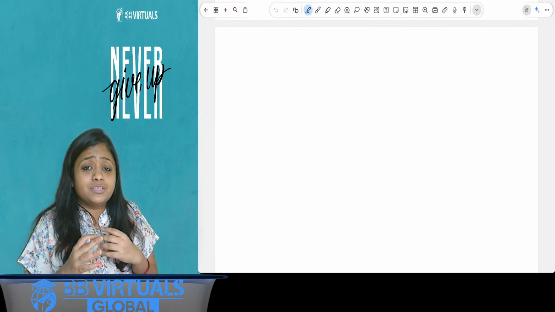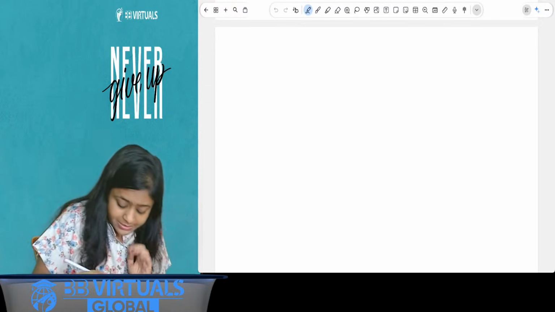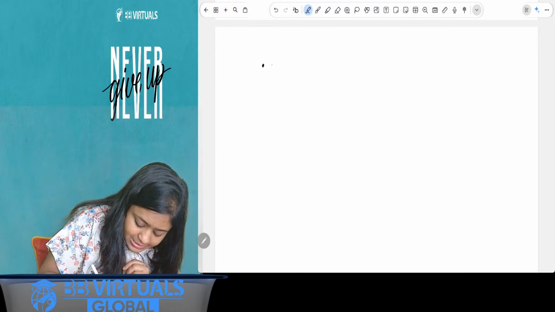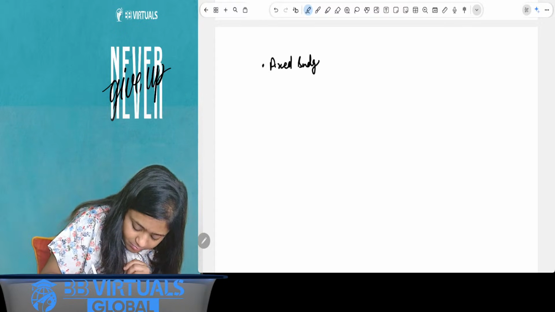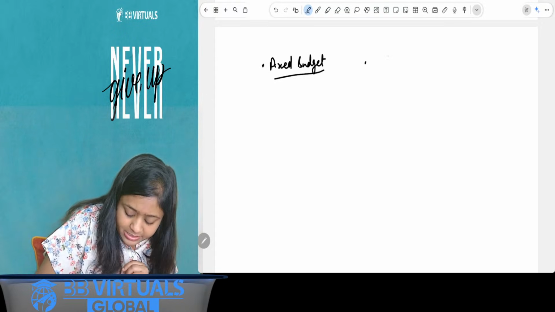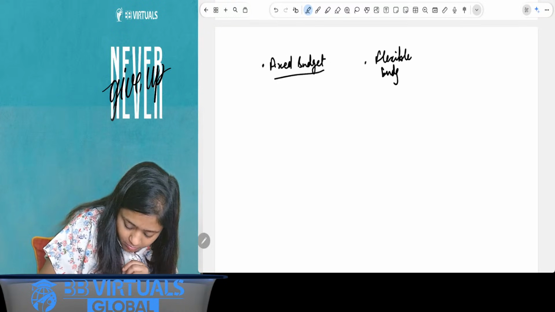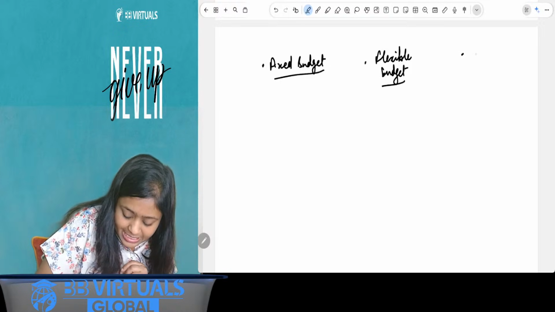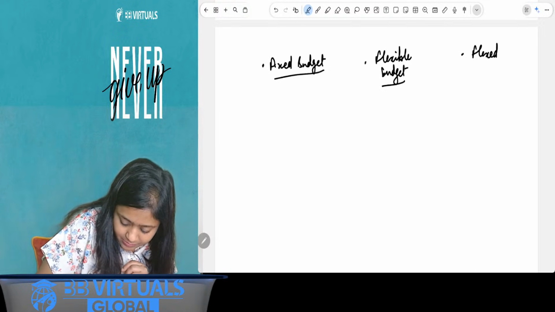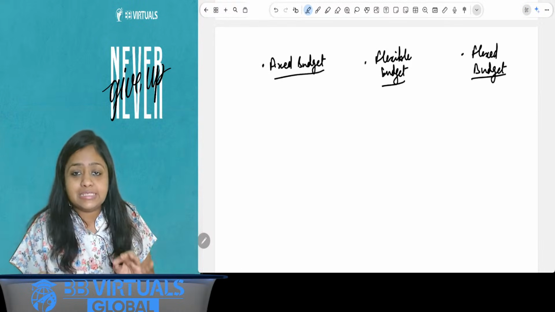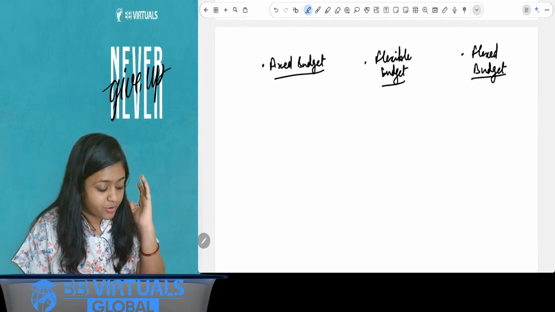First type of budget is fixed budget. The second category is flexible budget. The third category is flexed budget.